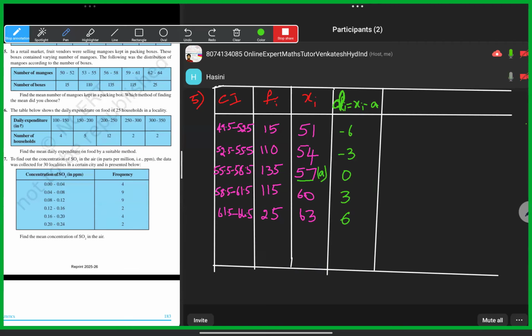So we'll make this column much smaller by going to the step deviation method. So UI is equal to DI by H. H is the class size, which is 3 everywhere. So we'll simply divide the DI values by H and write the UI column.